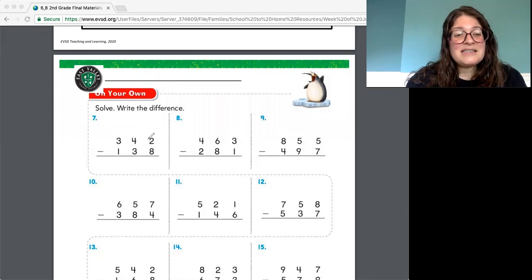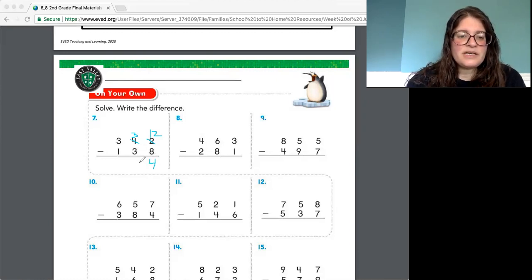If it is, like in this case, we have to regroup because there's not enough to take away. So I'm going to borrow a group of 10 from the tens place. So that 4 becomes a 3. This 2 becomes a 12. And so then I'm going to subtract 12, take away 8 is 4.